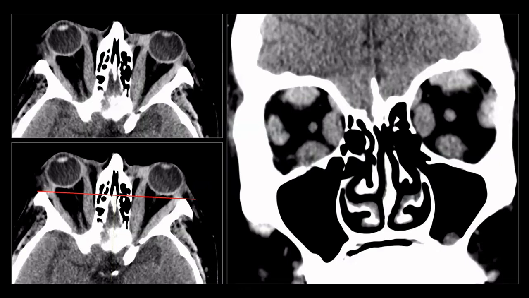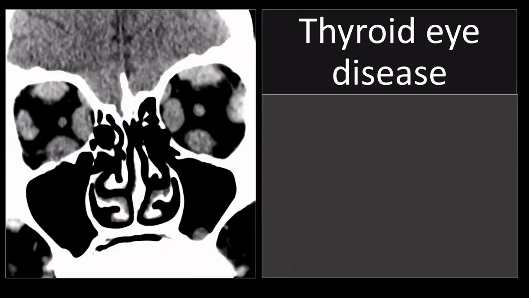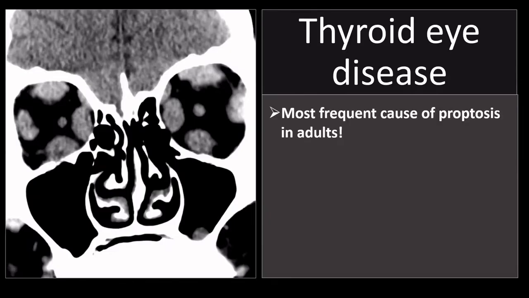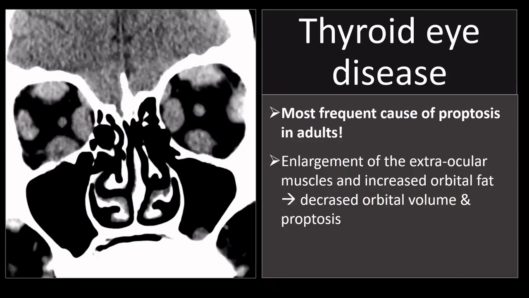And the first thing you should think about when you see this, also taking into account the painlessness and chronic aspect of the development of the symptoms, is thyroid eye disease, because it is the most frequent cause of proptosis in adult patients.